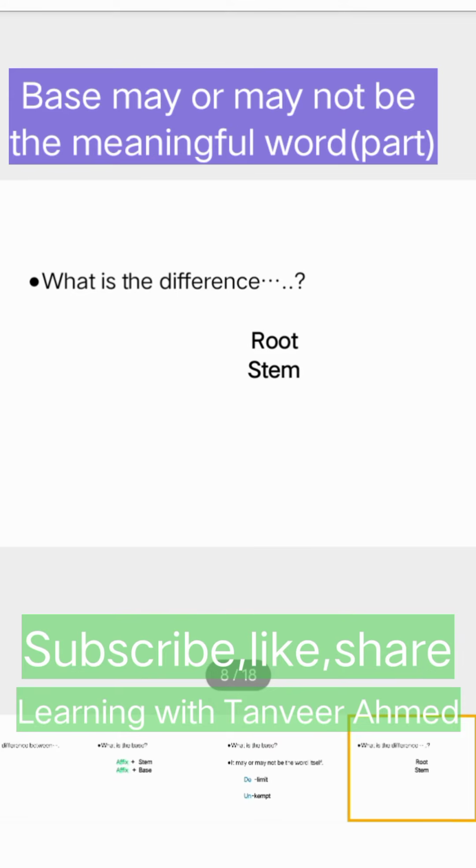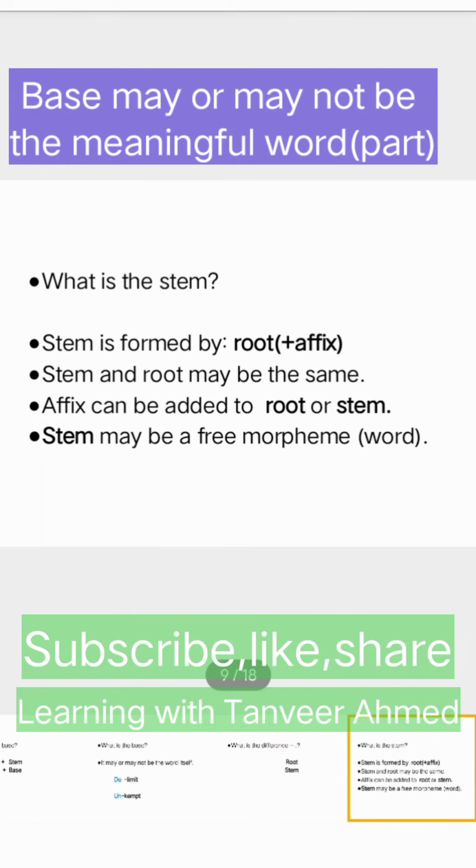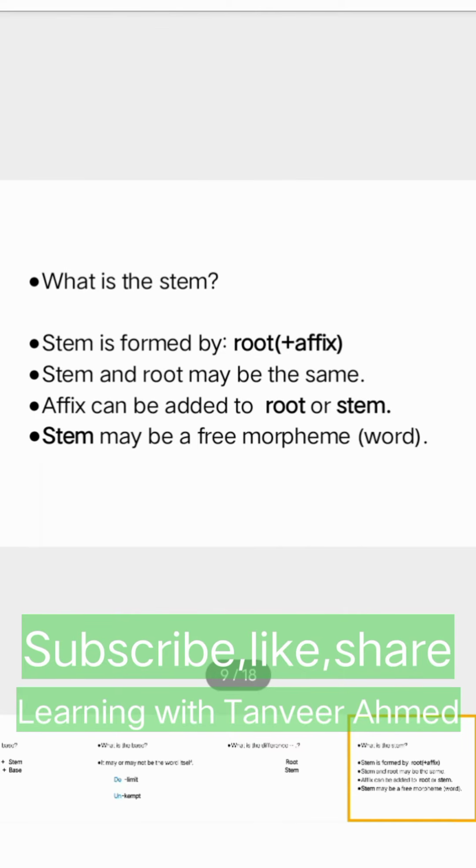What's the difference between root and stem? Stem is formed by root plus affix. Dear viewers, please make it clear that sometimes a word may behave as a root and as a stem or as a base.